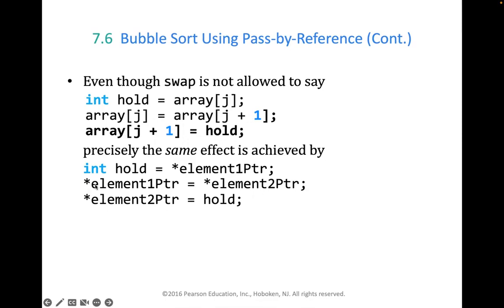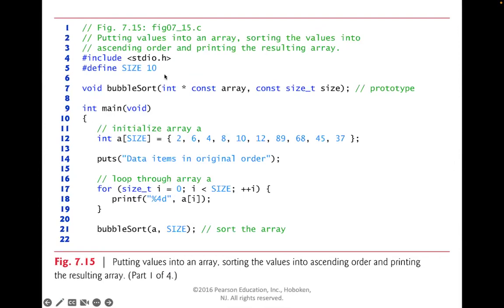Then star element1Ptr equals star element2Ptr. Then star element2Ptr equals hold. Okay, so this is the function.